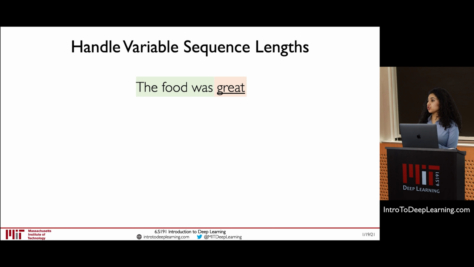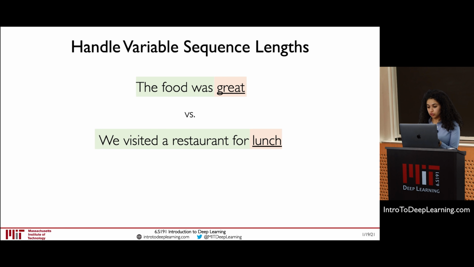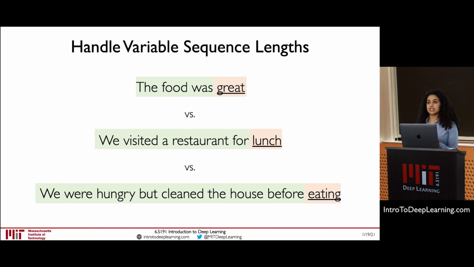We could have very short sentences, right, where the words driving the meaning of our prediction are going to be very close to each other. But we could also have a longer sequence or an even longer sequence where the information that's needed to predict the next word occurs much earlier on. And the key requirement for our recurrent neural network model is the ability to handle these inputs of varying length.